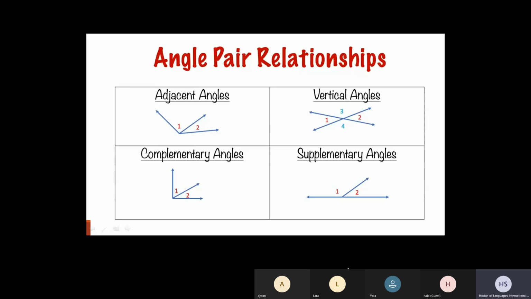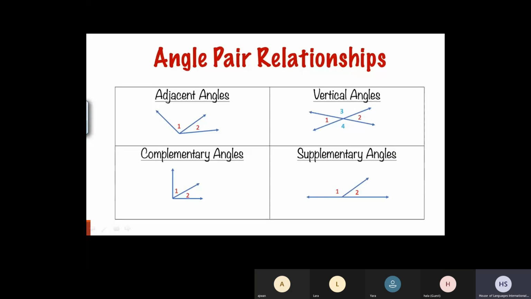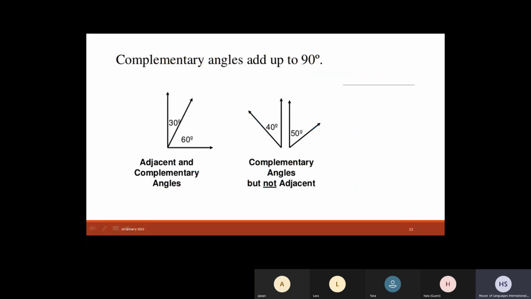This is 180. Sorry. Supplementary, they are 180. Complementary, 90, sorry. Vertical, they are all equal. They don't have the summation.